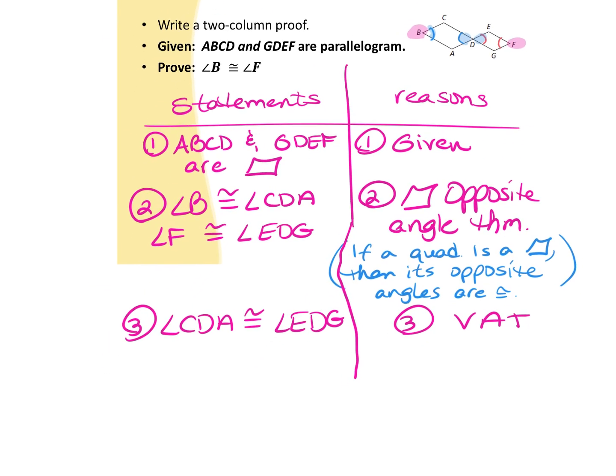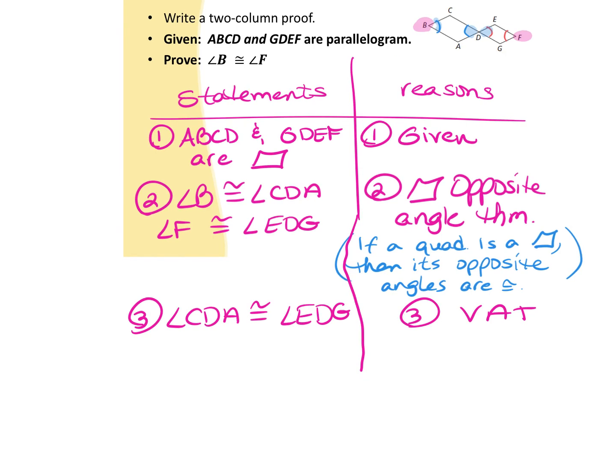And now, because CDA and EDG were used in the statement right above here, I can show what EDG equals, which is angle F, and what CDA equals, and that's angle B, and that's my last statement.